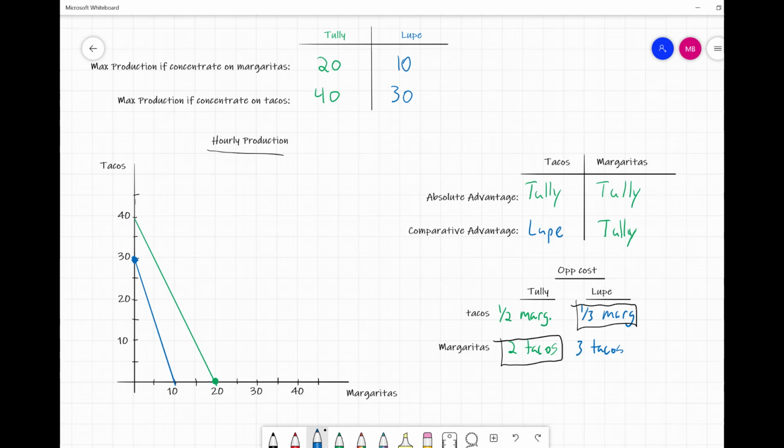But we first need to talk about the terms of trade, as in, Tully's just producing margaritas. How many tacos does he get for each margarita that he trades away? And for Lupe, she's just producing tacos. How many tacos does she have to give up for each margarita? This is terms of trade, and this is what we're going to talk about in our next video.